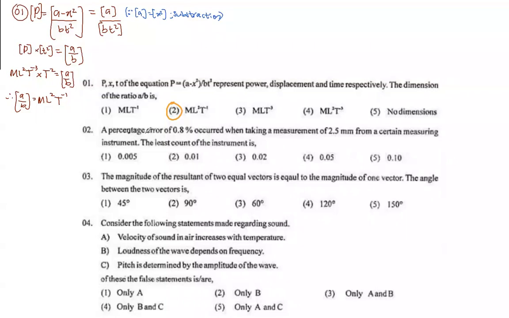Second one, a percentage error of 0.8% occurred when taking measurement of 2.5 millimeters from a certain measuring instrument. The least count of the instrument is. Right. The second one also should not be a very difficult question for you, because it's just a normal percentage fractional error. Percentage fractional error is equal to least count divided by reading into 100%.